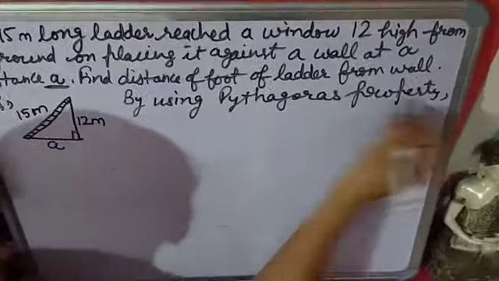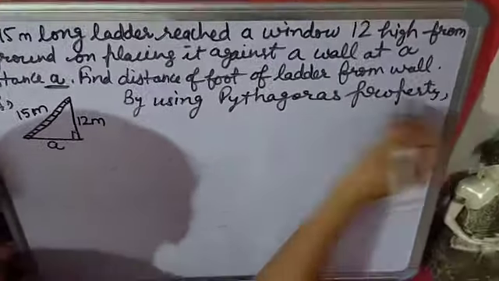Okay, now you don't know the value of base, so this is 15 and base is A, perpendicular is 12.